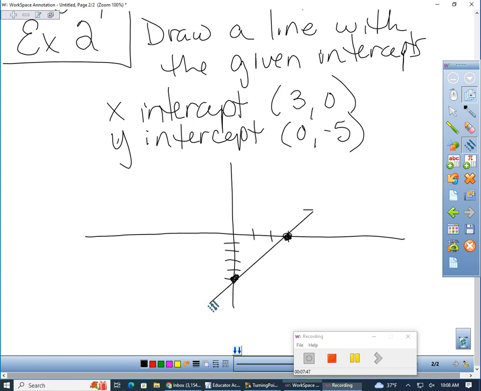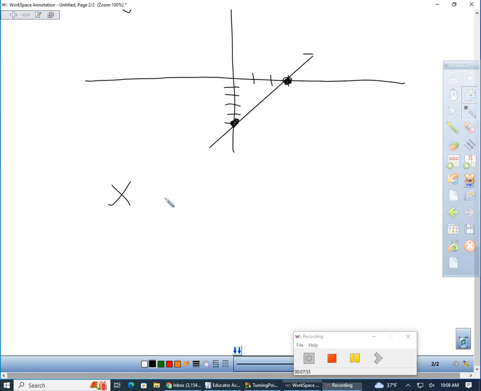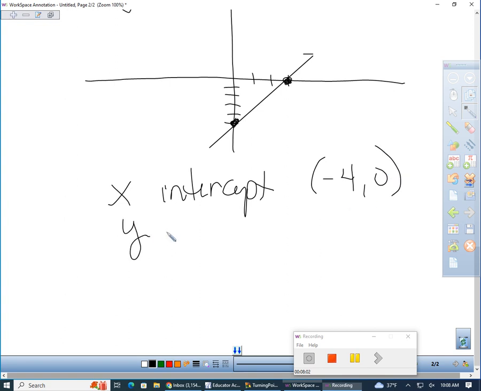All right, let's do one more in that same example. Let's say we have an x-intercept at negative 4, 0, and a y-intercept at 0, negative 3.